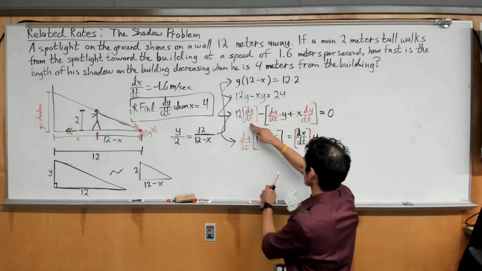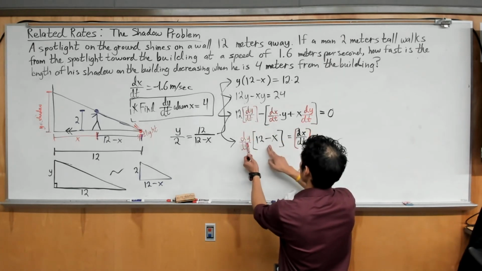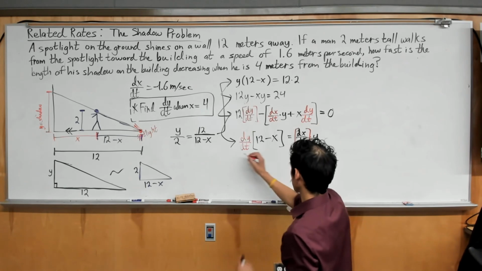Right. So I grouped the 12 and the dy/dt, took these two out over here, and then I'm going to divide by the 12 minus x.